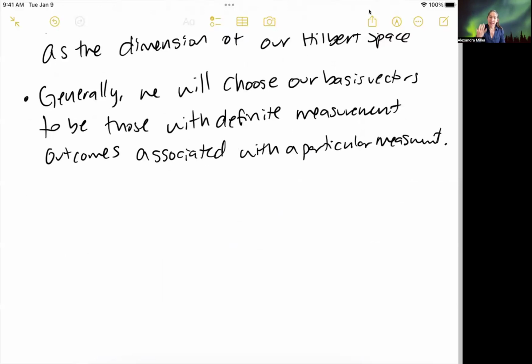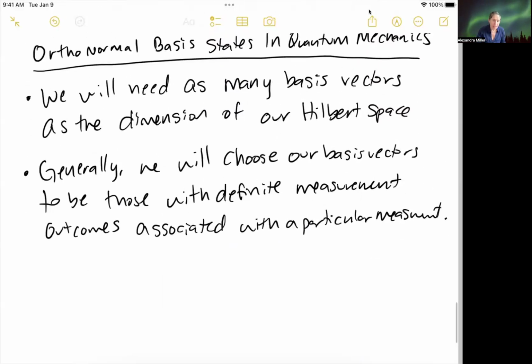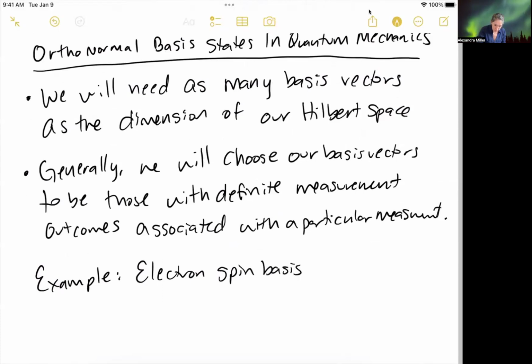Okay, so I think the best way to start to really unpack these basis states is within an example. And then we'll make more general statements about them after we have an example in the back of our head. So an example is the electron spin basis states.